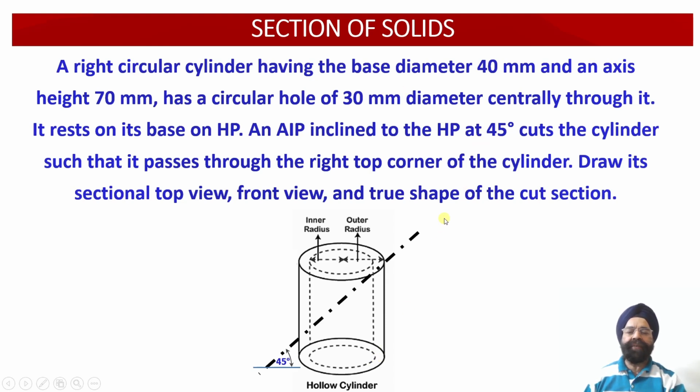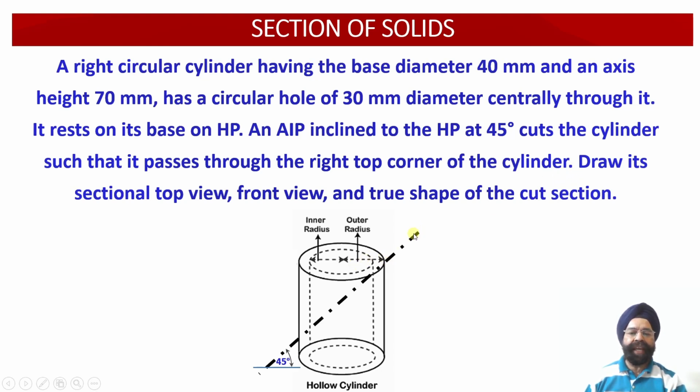Now we have been provided with the information that an auxiliary inclined plane, inclined at an angle of 45 degree with respect to the horizontal plane, cuts the cylinder in such a way that it passes through the right top corner of the cylinder. So this is the right top corner of the cylinder.